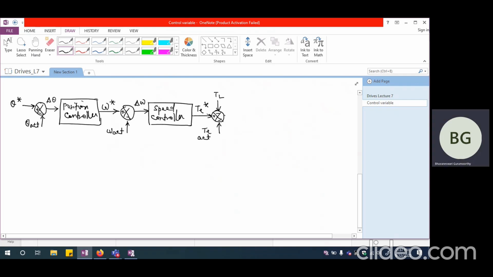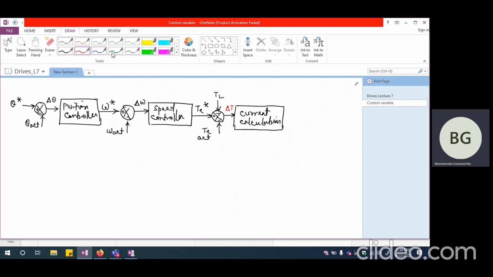Now, whatever is the error in the torque, based on that, I should be able to calculate the current requirement, whether it needs to be increased or decreased, maybe current and flux also. In most of the cases, we may hold the flux as a constant. So current calculation becomes extremely important based on what is the error in the torque.